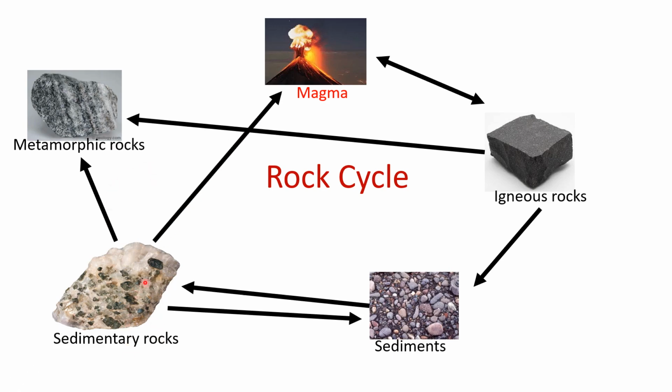And sedimentary rocks also directly convert into magma. Metamorphic rocks sometimes convert into sediments and sometimes into magma. And again this process starts. So this is called the rock cycle.